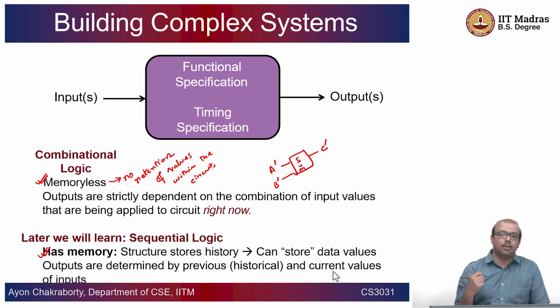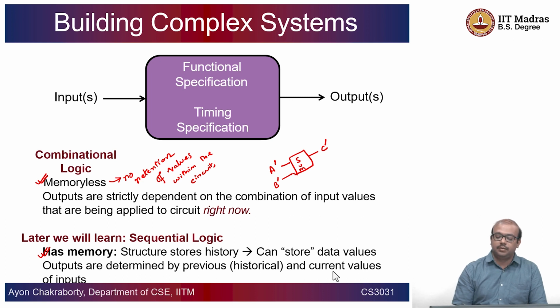So if you look at the combinational logical elements, it is going to be strictly dependent on the current set of input values, whereas in case of sequential logic, it is not only the current values but also the previous state of the system, right, where the previous output will be important.